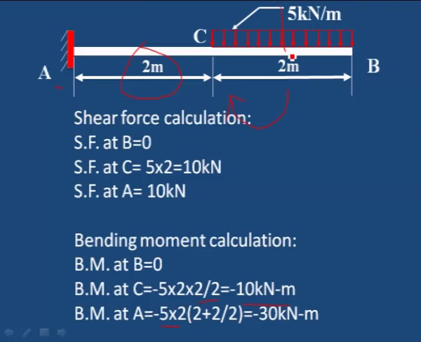UDL is acting at the center, and that center to point A is 2 plus 2 by 2. 5 into 2 into 2 plus 2 by 2, that is 30 kilonewton meter, the bending moment at A. That is the maximum bending moment at A. Like this, when UDL is given, the UDL central point is taken to calculate the moment from the particular point where we require it.